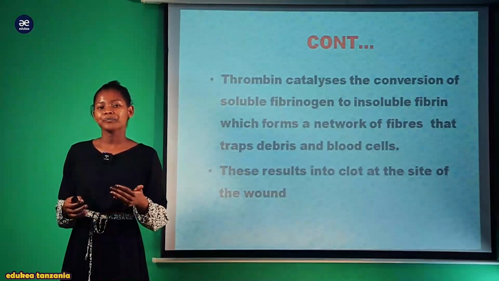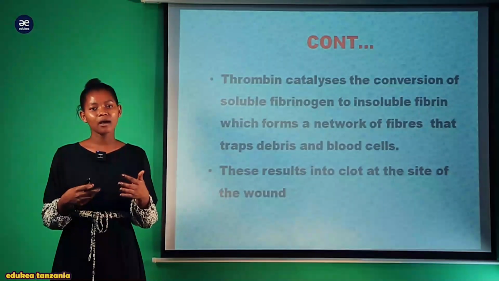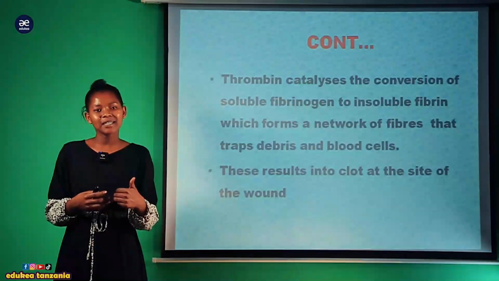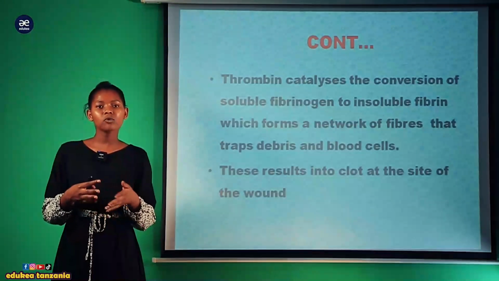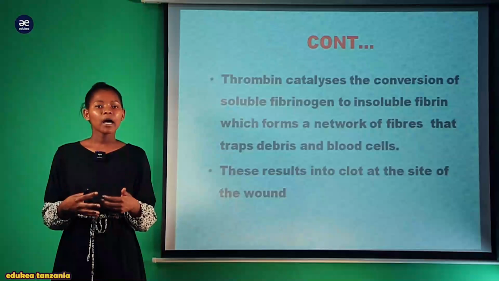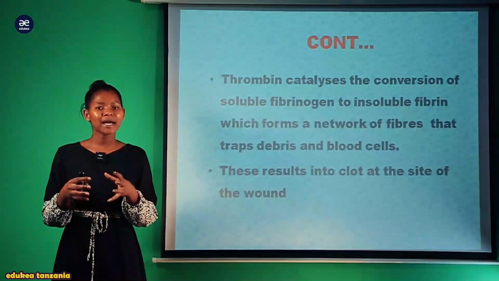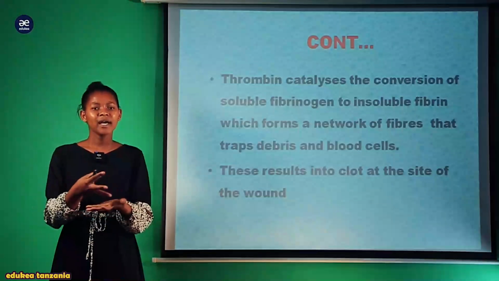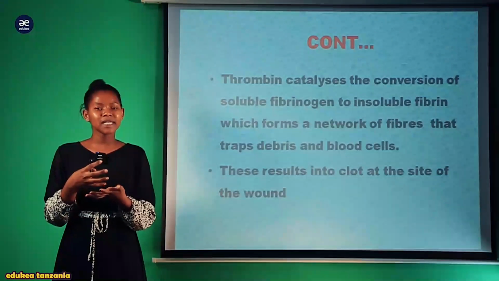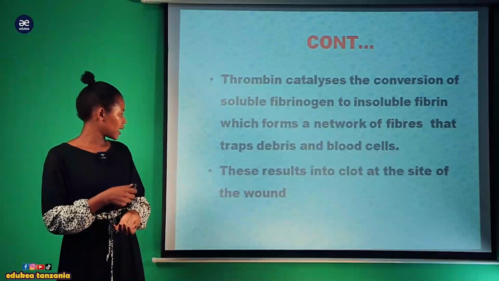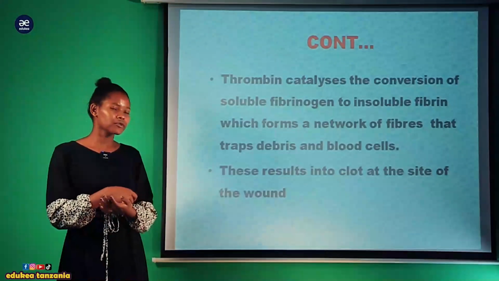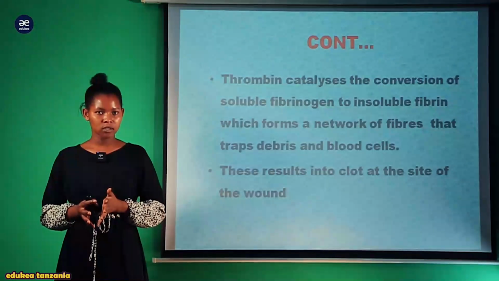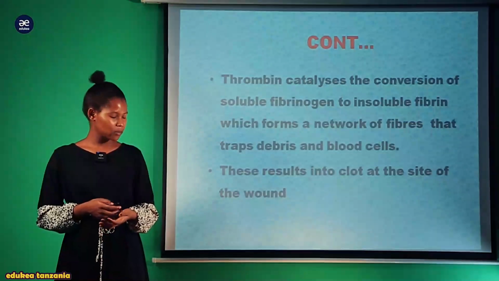Kwa hiyo baada ya hapo thrombin inaenda convert soluble fibrinogen kuwa insoluble fibrin, ambako hapa fibrin ana attract blood cells na debris kwa ajili ya kusaidia eneo ambalo limekuwa ruptured ama limepata injury kuweza kufunga. And this result into a clot at the site of the wound. So platelet hapa anakuwa amekamilisha kazi yake vizuri. That is all about platelets.